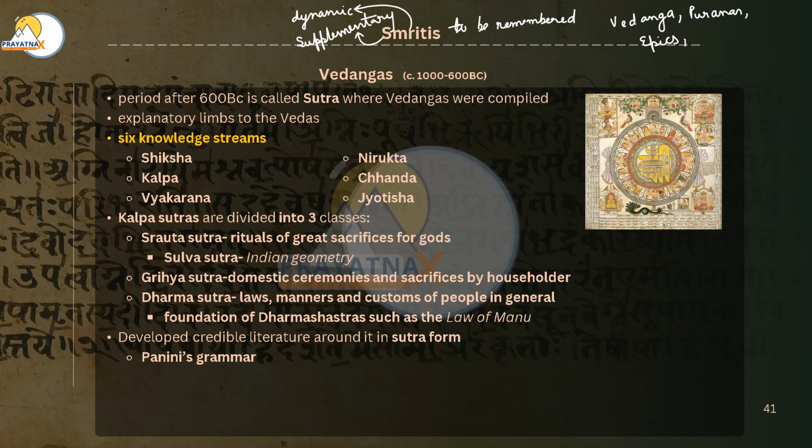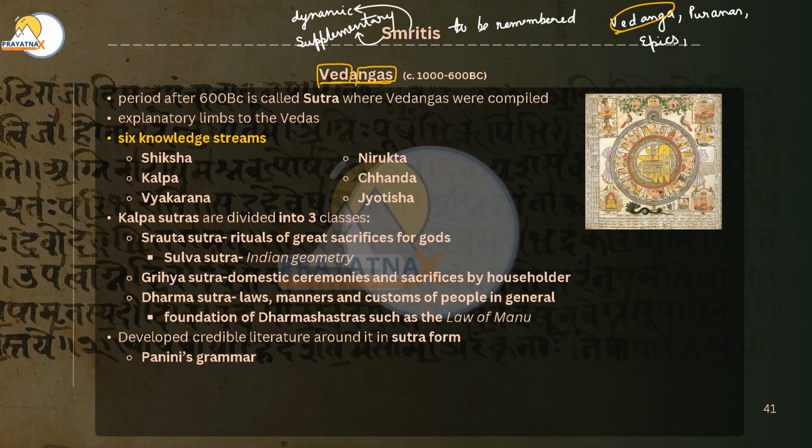Now, let us see what the Vedangas is about. Now, the term Vedangas literally means the limb of Vedas. If you look at the word Vedanga itself, Ved means the Vedas and Angas means limbs.